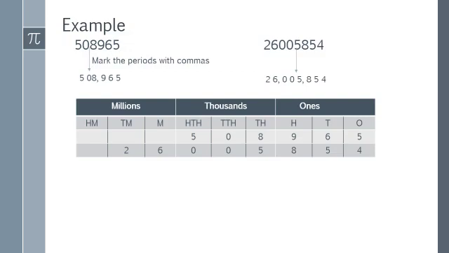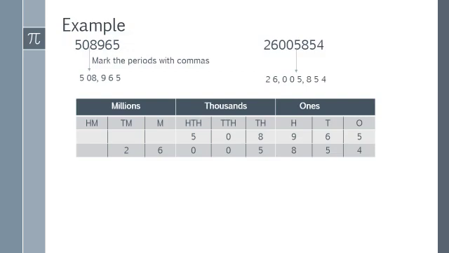Now write the numbers from left to right, from the higher period to the smaller, so that you can see the first number is 508,965.